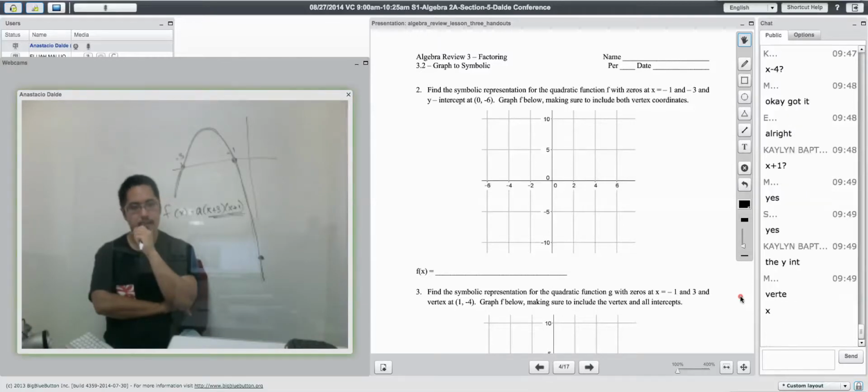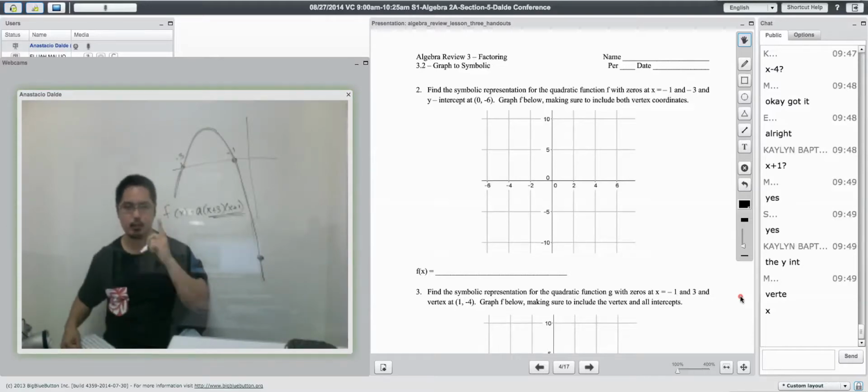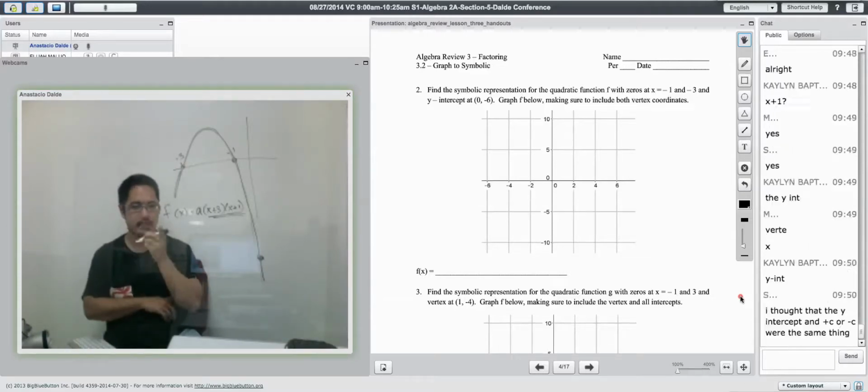The vertex? All right, we can't really read the vertex in this thing, but I would say this point right here, and it's not the x-intercept, it's called the y-intercept. There we go, exactly. Kaylin, I'm sorry, you said it correctly the first time, I just didn't read that part. Yeah, the y-intercept, exactly.